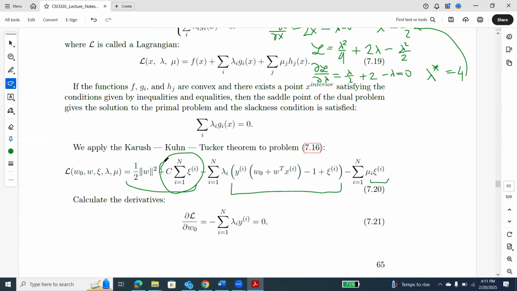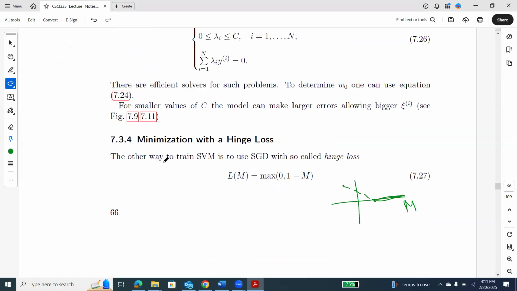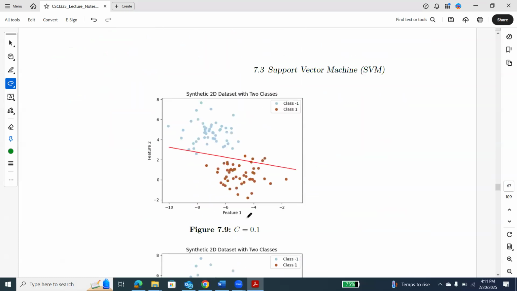So it's exactly the same idea here. Let's look at the examples. If our C is small, it means that the slack variable xi can be large. What does it mean?